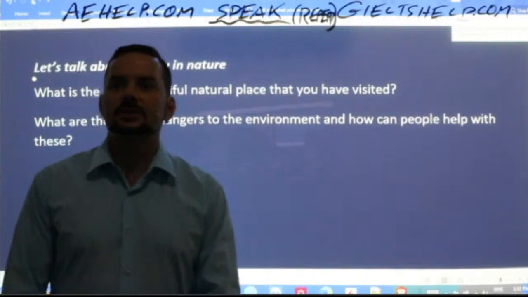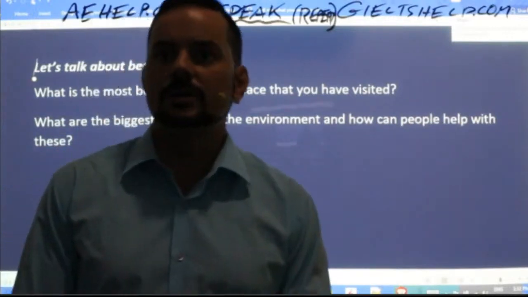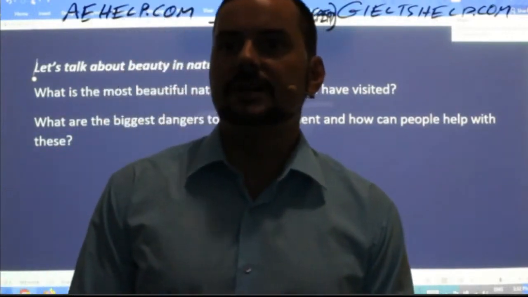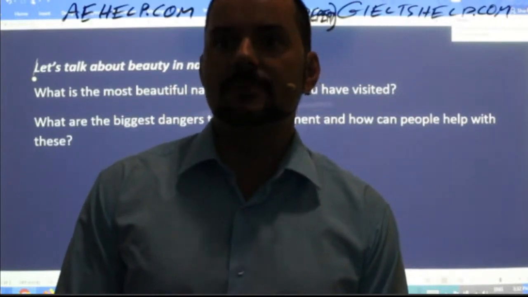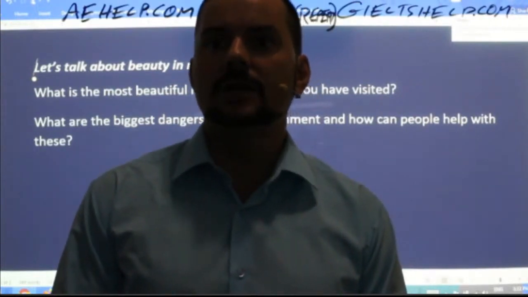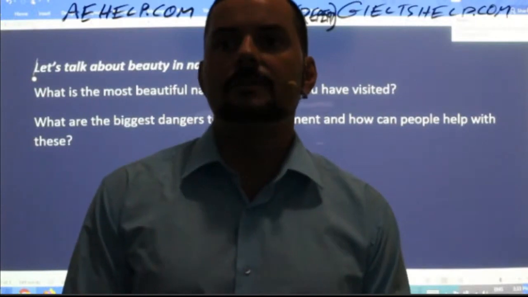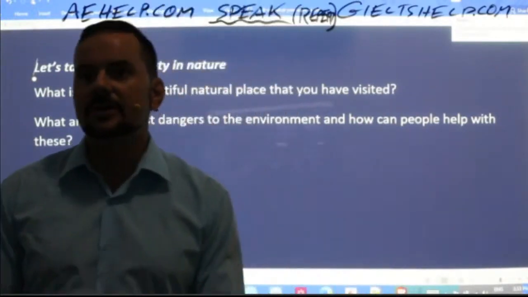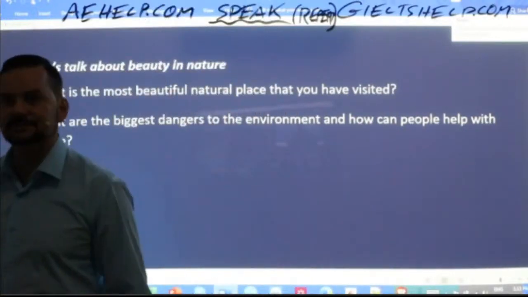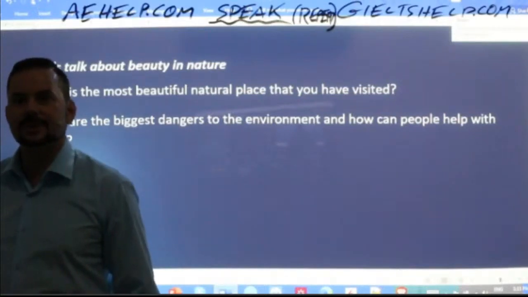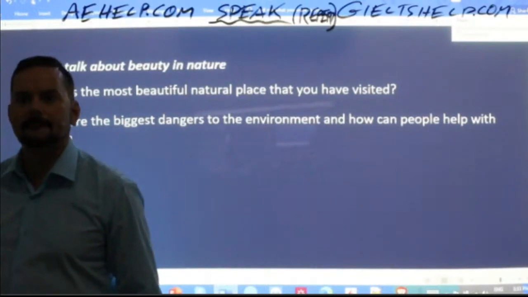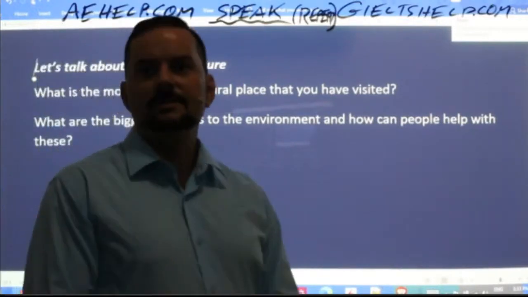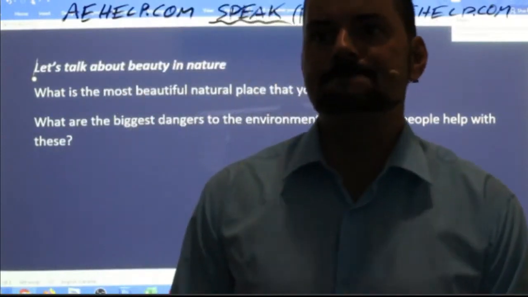Ayush says, there are so many beautiful natural places in the world that I have visited. The one that I remember most is Kowloon Park in Hong Kong. There are many plants and trees there which are not artificial. Okay, sounds interesting. Simran Singh says, let me think.